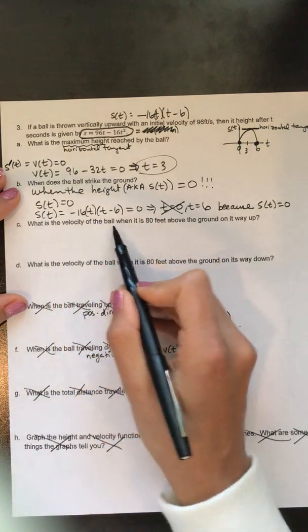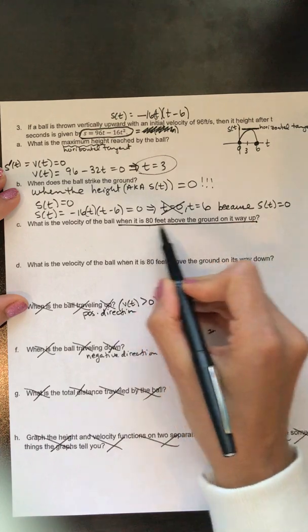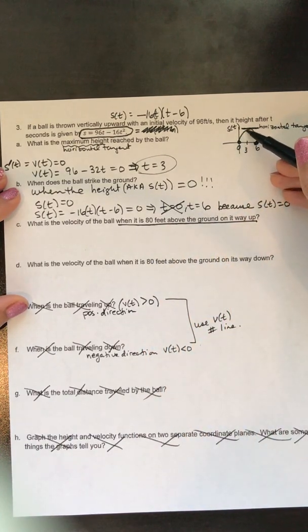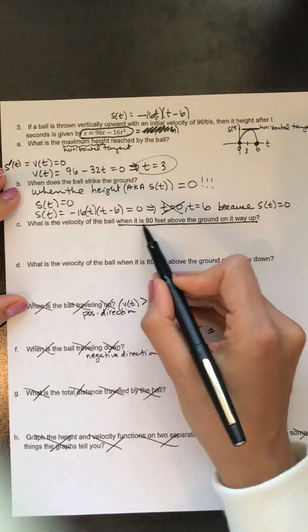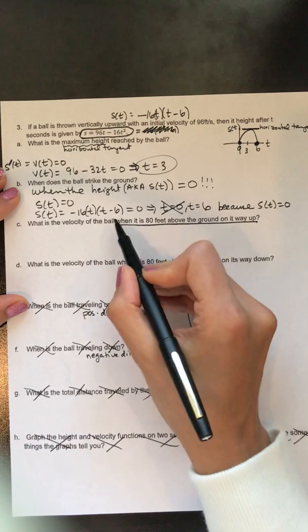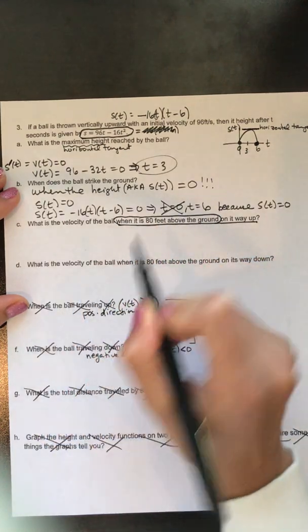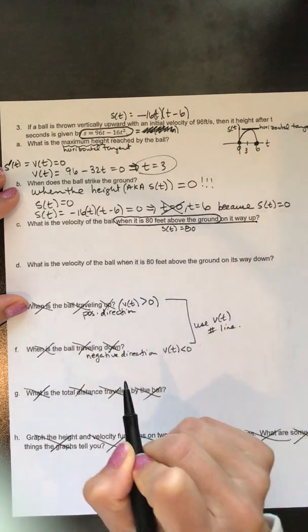What is the velocity of the ball when it is 80 feet above the ground on its way up? Okay, now hold it. Here it is on its way up. Here it is on its way down. So when it's 80 feet above the ground, this phrase, 80 feet above the ground, deals with position. So this is a two-part problem.